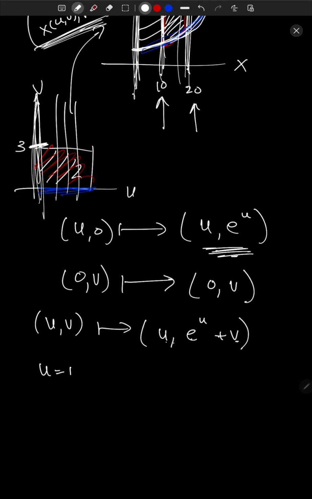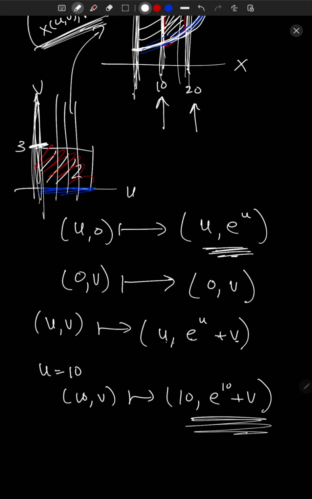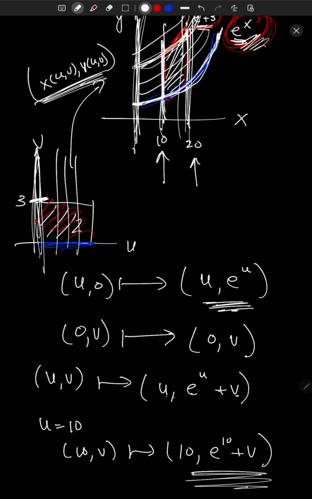When u is equal to 10, let me write like this: 10 comma v goes to 10 comma e to the 10 plus v, right? What is that on the right-hand side? That's the vertical line right here. It's been shifted a little bit. E to the 10 plus v, but e to the 10 is just a constant.